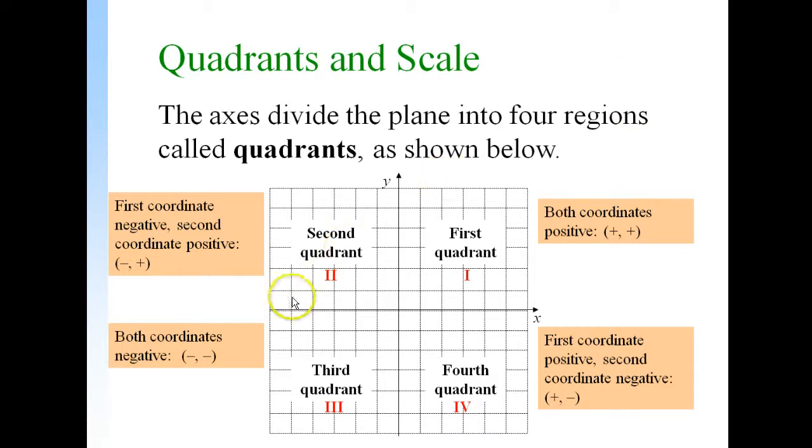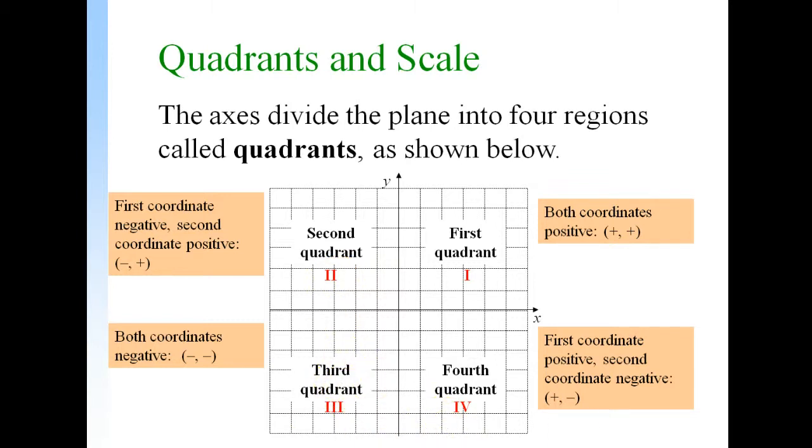Now, when we have these two number lines made up of the x number line and the y number line, it divides our plane into 4 parts, which are called quadrants. So here is the first quadrant, and they're usually indicated by Roman numerals, the second quadrant, the third quadrant, and the fourth quadrant.